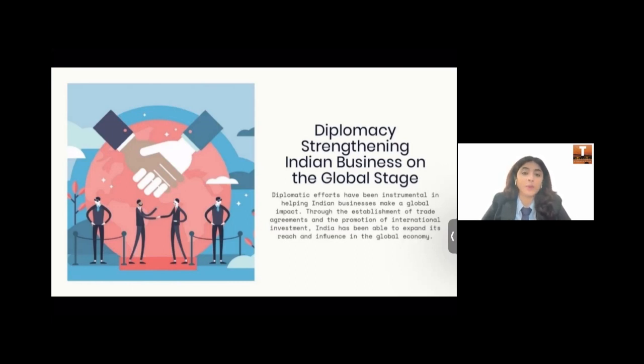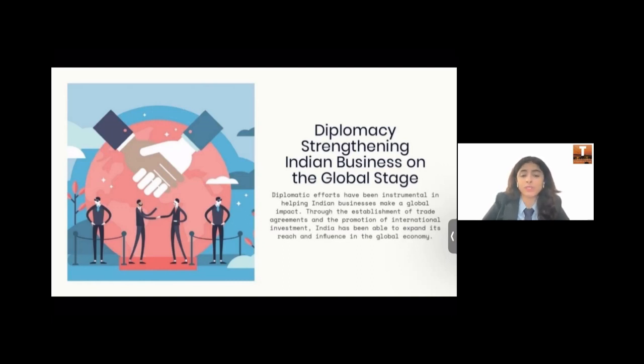Second is investment promotion. Diplomatic missions actively promote India as an attractive investment destination. Through diplomatic channels, Indian businesses receive support in identifying potential investors, establishing connections with foreign companies, and facilitating investment flows.